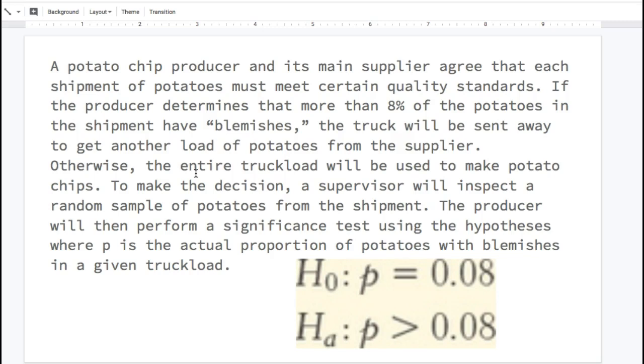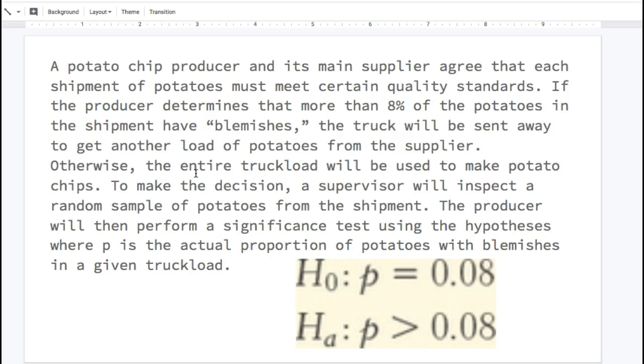Otherwise, the entire truckload will be used to make potato chips. So in order to make the decision, the supervisor will inspect a random sample of potatoes from the shipment. The producer will perform a significance test using these hypotheses. The true proportion is 0.08 for the null. The alternative is that it is greater than 0.08.